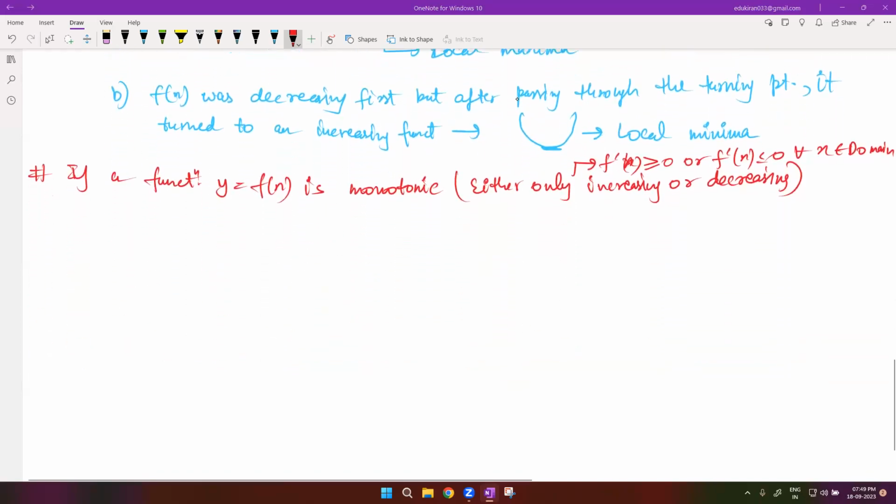So if a function y is equal to f(x) is monotonic, then there is no local minima or maximum. Rather than that, we can call it there is no extreme point.